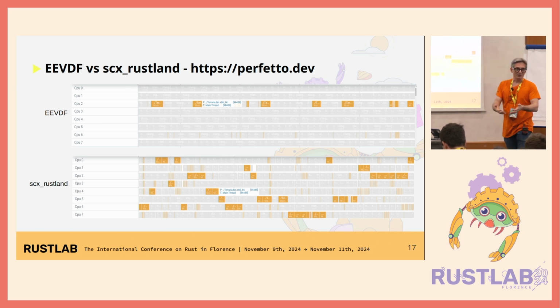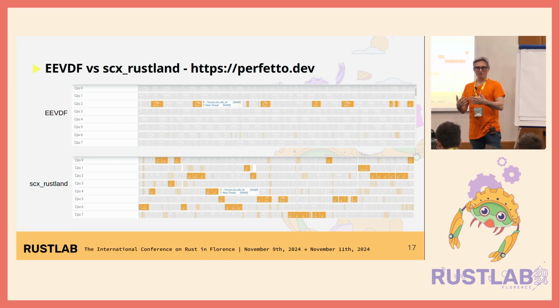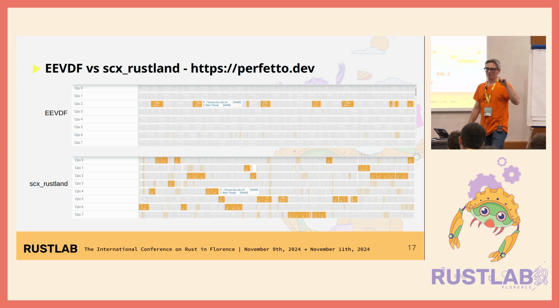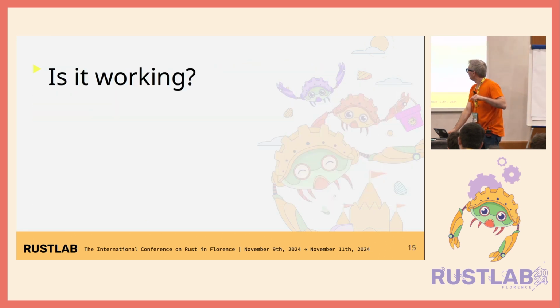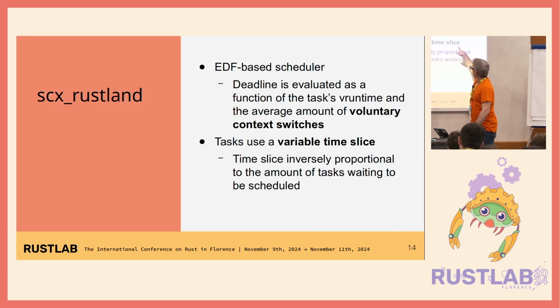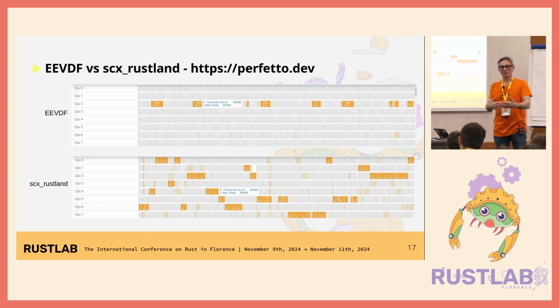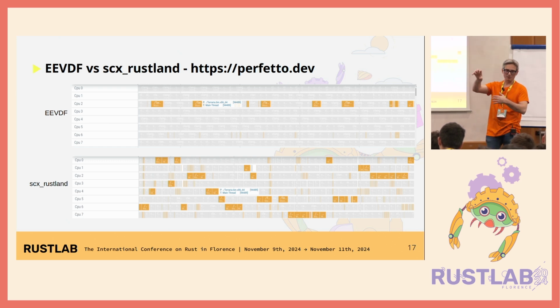So the end result is that the compositor can't keep up at drawing the frames on the video, and you end up with low FPS performance. Down here, if you remember a few slides ago, I said I'm prioritizing tasks that do a lot of voluntary context switches. The main thread of Terraria does a lot of voluntary context switches because games work in pipelines. They receive a frame, process the frame, and pass the frame to another task.